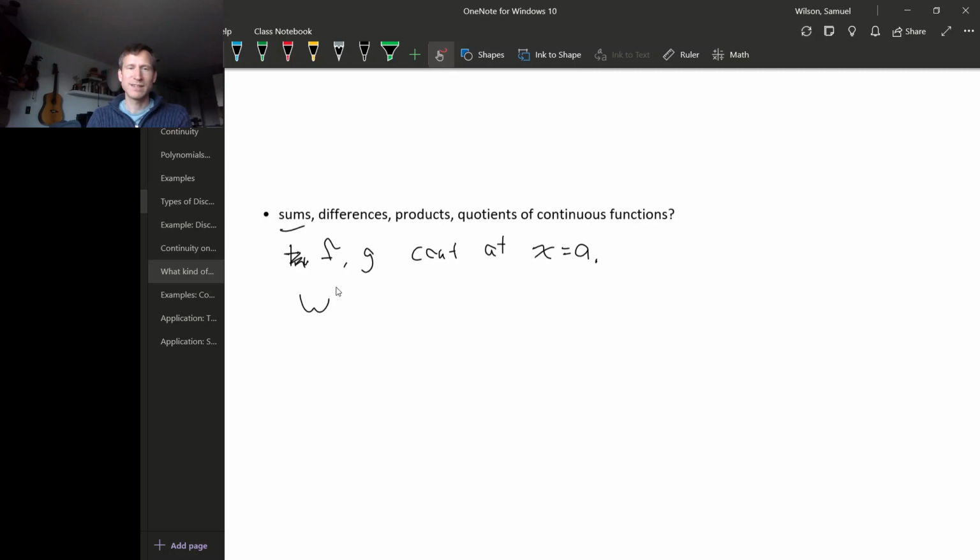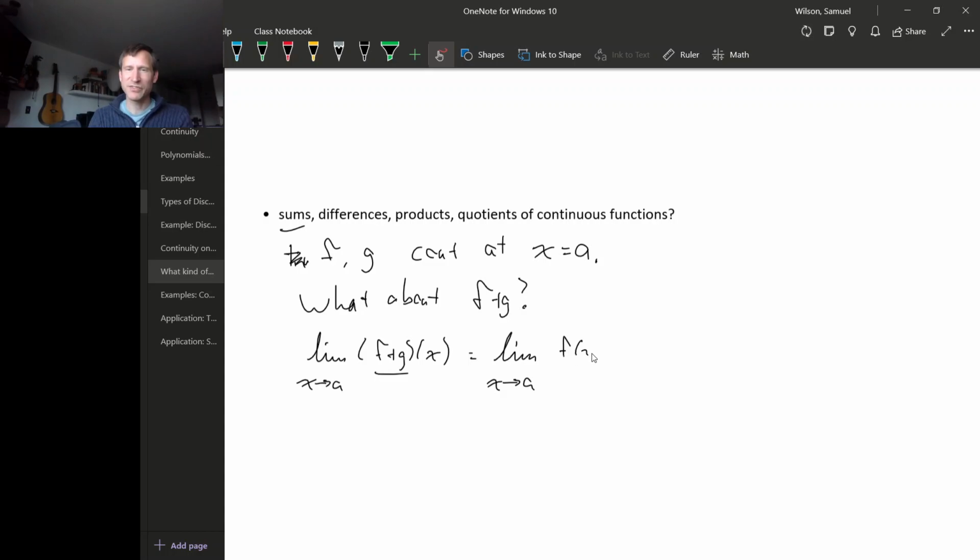Let's ask, what about the function f plus g? So let's find the limit as x goes to a of f plus g of x. That's the limit as x goes to a of the f plus g function. That's f of x plus g of x.